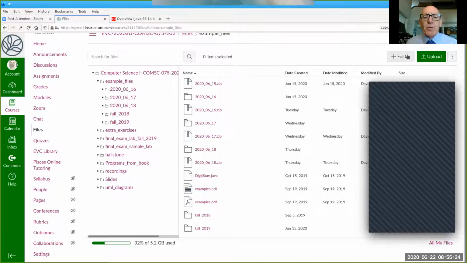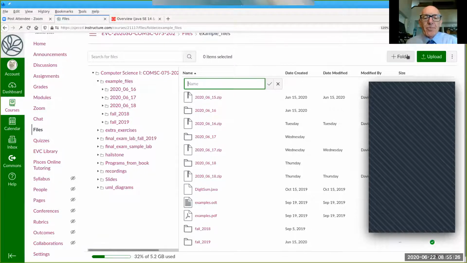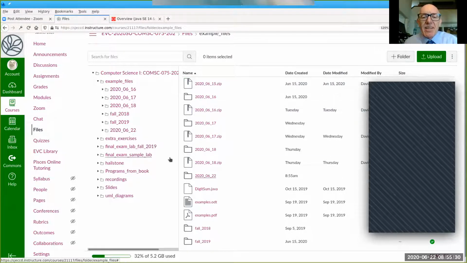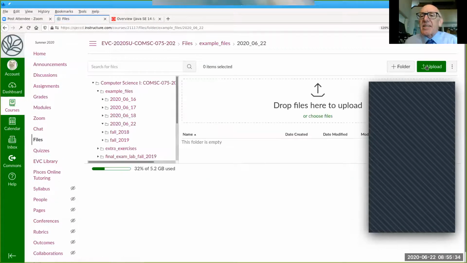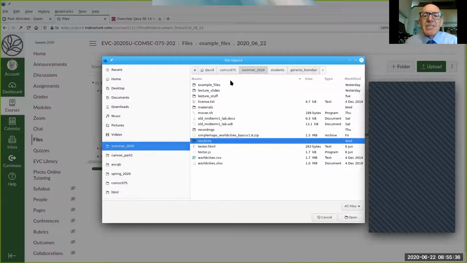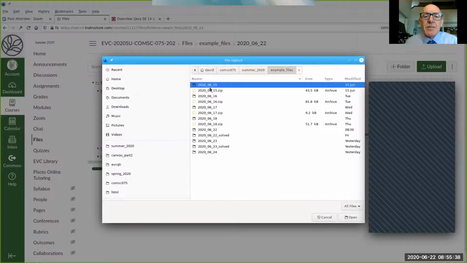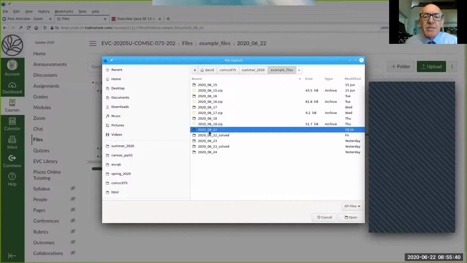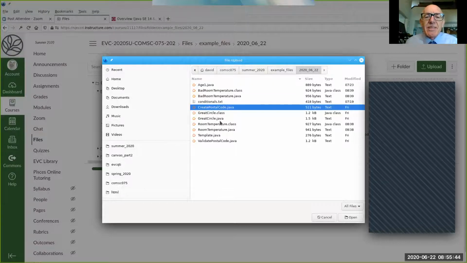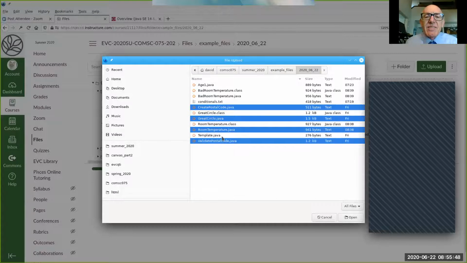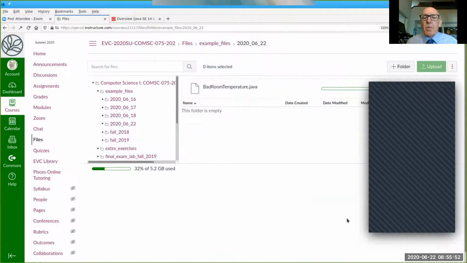Let's make a new folder for 2020-06-22, example files 622, and let's go here and grab the other file as well.